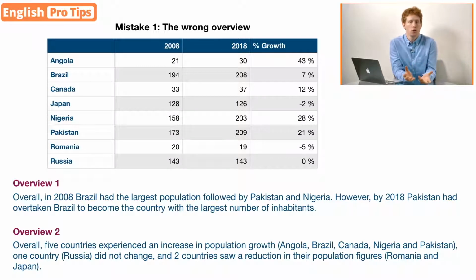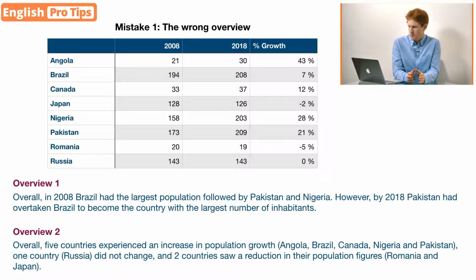In overview 2, we give a general description of the trends, a general description of what happens to all of the categories, so all of the countries. We know that, for example, there are 5 countries that increased in population, and we mention these countries. There are 2 countries that saw a decrease in population, Romania and Japan. And then we also mention that Russia does not change. So we're giving a general description of all of the countries.